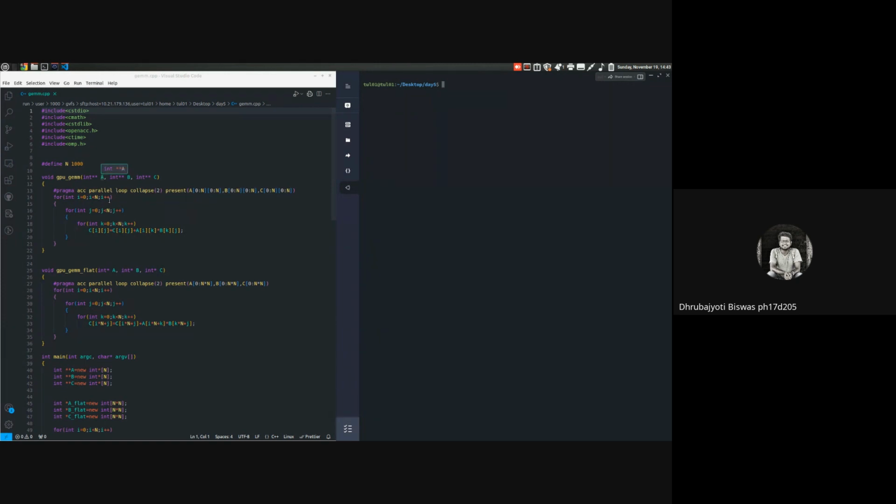When you are actually writing your own codes, it is advised not to write your matrix multiplication like this. You should always call matrix multiplication libraries which are already available, like cuBLAS and MKL and OpenBLAS and things like that.